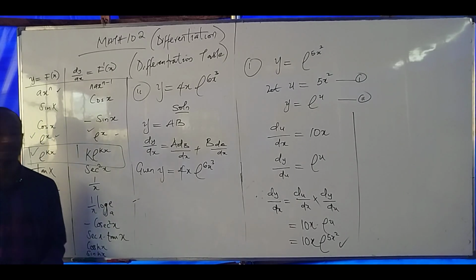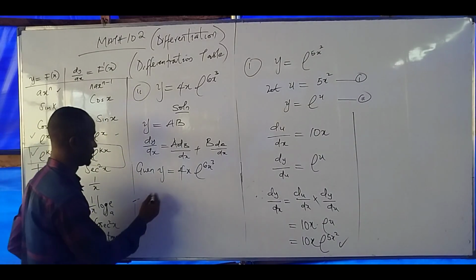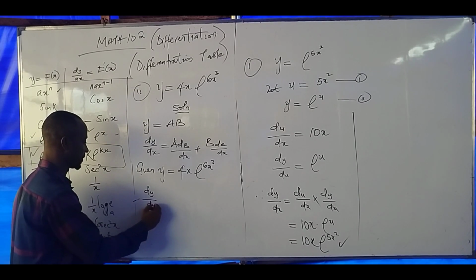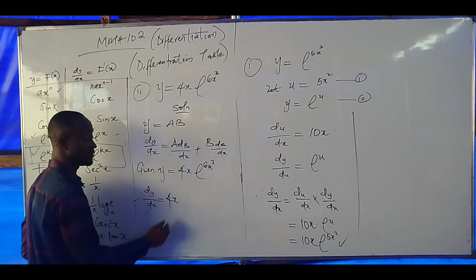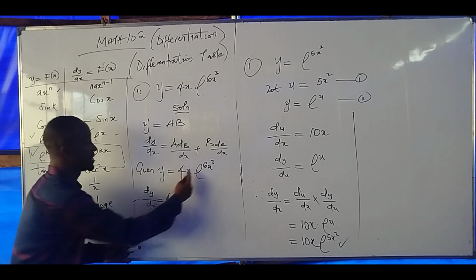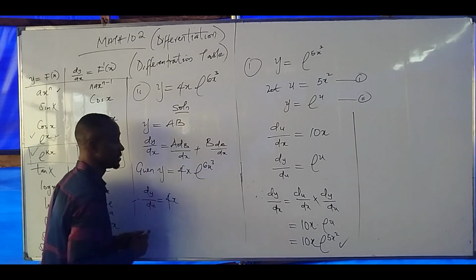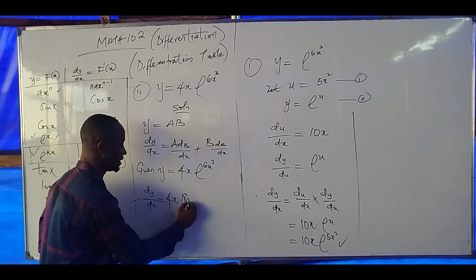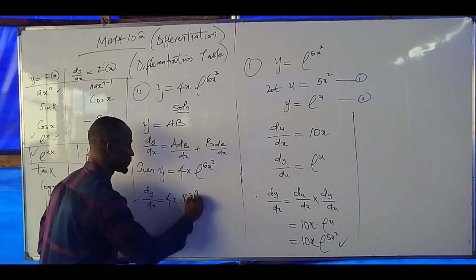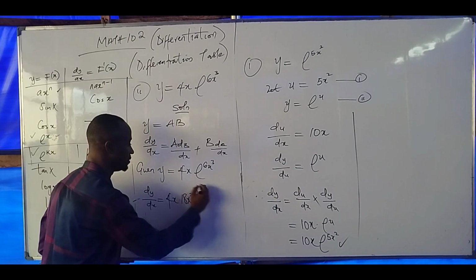So I will keep one constant first. So our dy/dx, keep one constant is 4x, right? Differentiate this, what do you have? Who can tell me? Differentiate this alone. What will it be? 18x squared exponential 6x cubed.